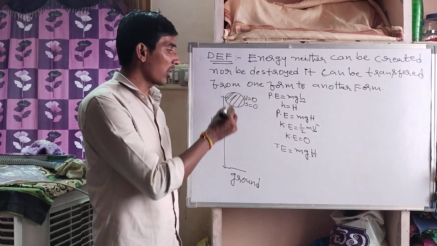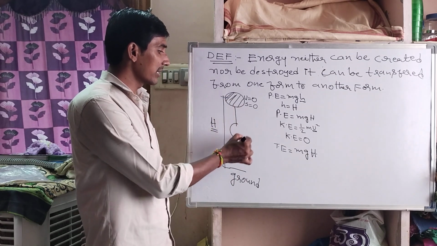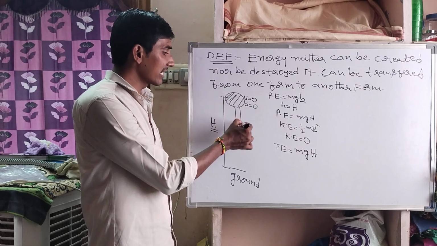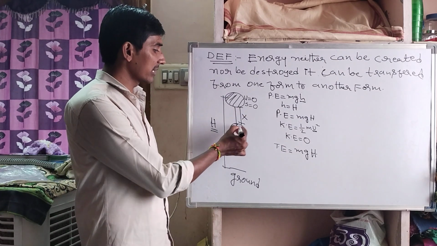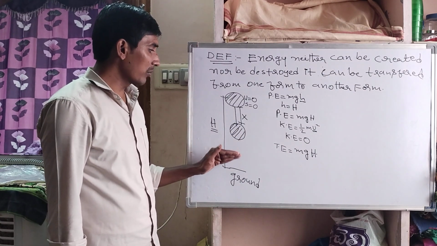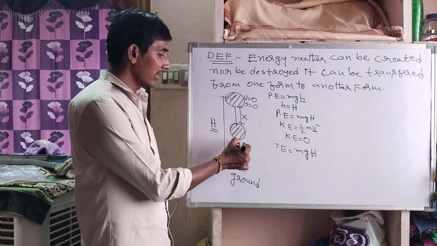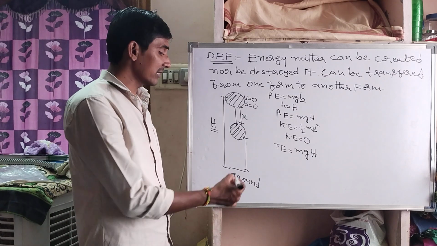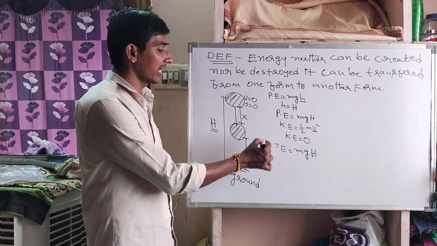Suppose the object is freely falling and is displaced some distance linearly; the displacement of the object is x. Here the object's height from the ground is H minus x.